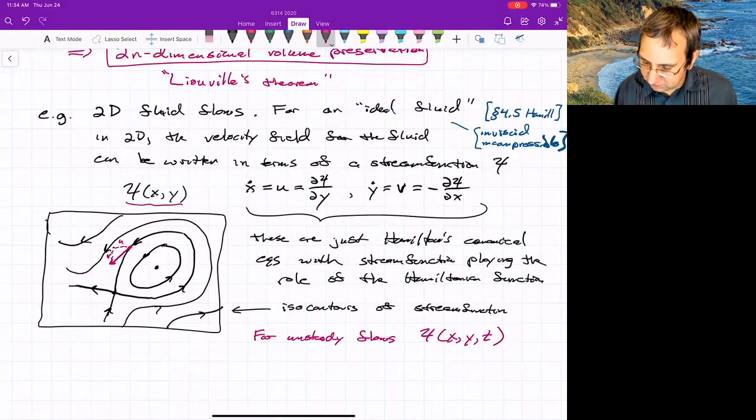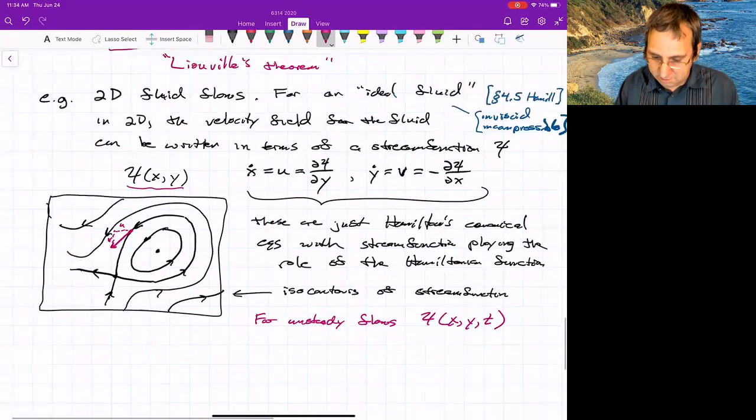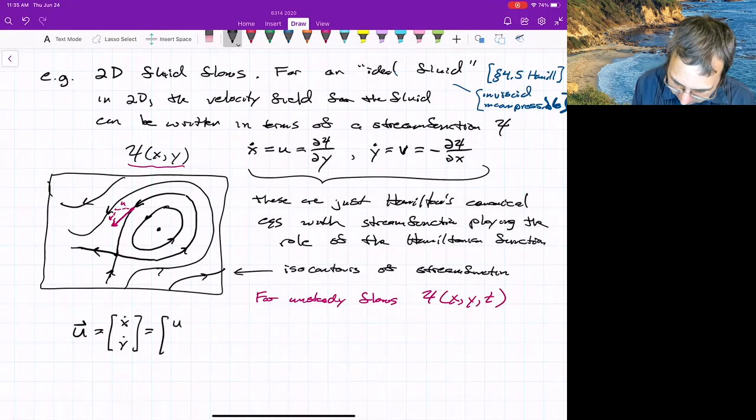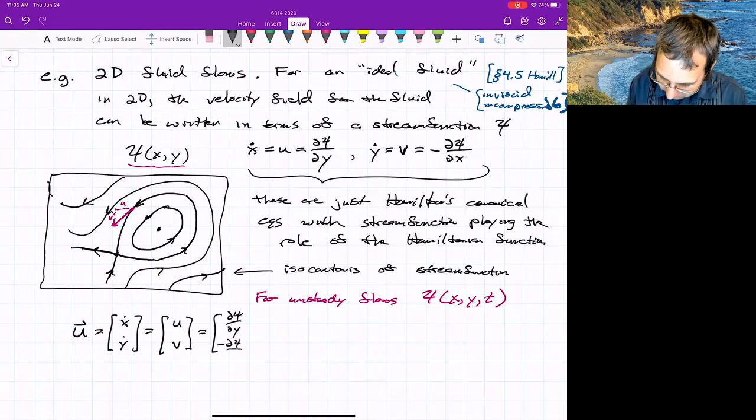And because it's Hamilton's canonical equations, then for free, we get that it's incompressible, right? The u velocity, so just using typical fluid notation, x dot, y dot, or if we write it in the components of scalar u and scalar v, we know what these are: partial psi, partial y, negative partial psi, partial x, and this being divergence free is just a consequence.